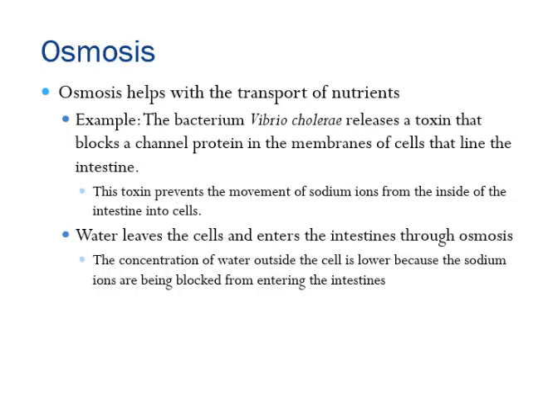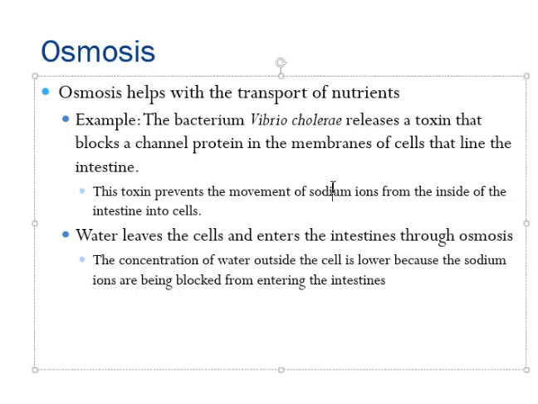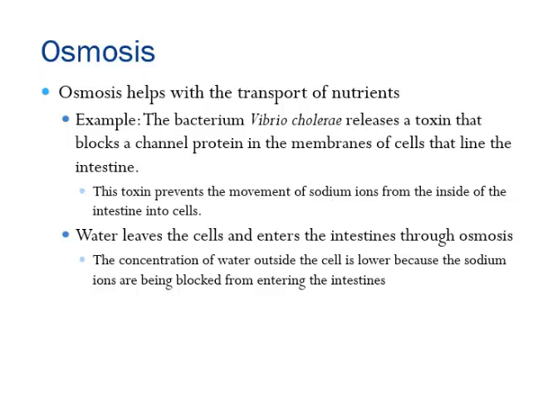That's just one example of a particular type of bacteria that lives in the digestive tract of a human being or an animal, and in this case prevents sodium ions from being transported into cells. Water, as we discussed before, leaves the cell and enters the intestines through osmosis.